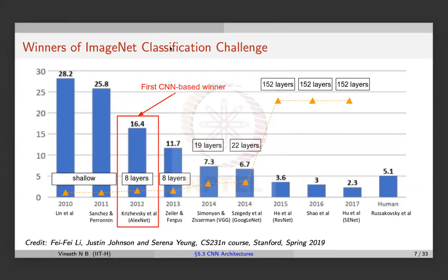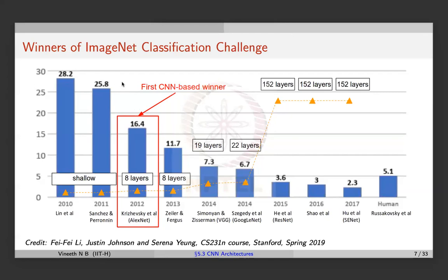In 2010 and 2011, they used artificial neural networks to do the prediction. There is no point in discussing those models because they are artificial neural network models. Now we'll talk about the 2012 model, which is the first CNN-based winner in this huge dataset. The numbers you see, 28.2 and 25.8, are the error rates.